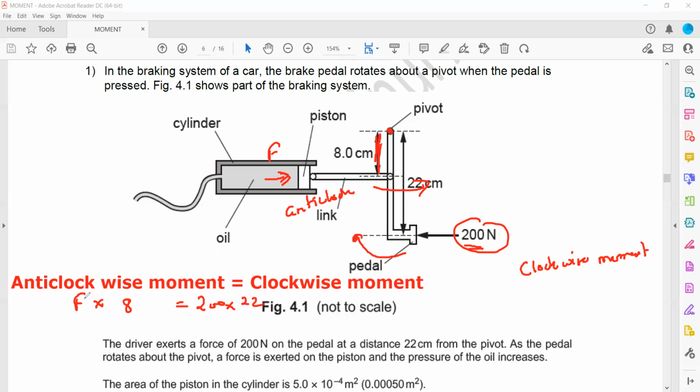So if we need the force here, we just simplify, that force will be equal to 200 multiplied by 22 divided by 8. What's the answer for this? 200 multiplied by 22, that is divided by 8. 550. So this will be equal to 50 Newton.